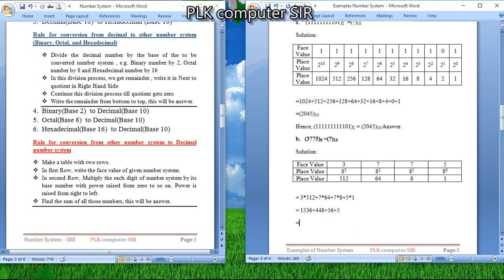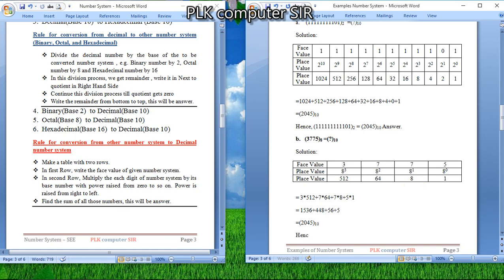Now if we sum up all these, 1536 plus 448 plus 56 plus 5, the answer will be 2045. When you get the final answer, please write the base. At the end of your calculation, its base is 10.